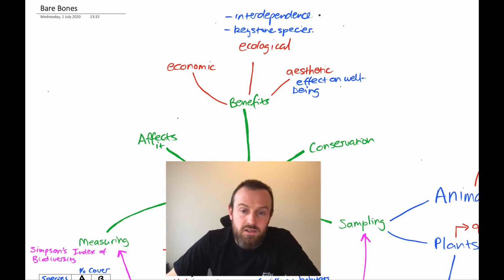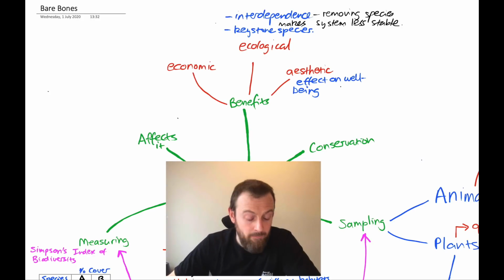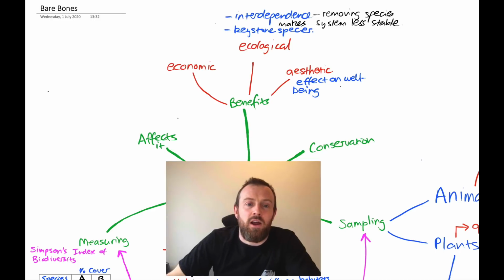So interdependence, I'm going to say removing species makes the system less stable. Okay, and this is exemplified by examples of keystone species. So what is a keystone species?